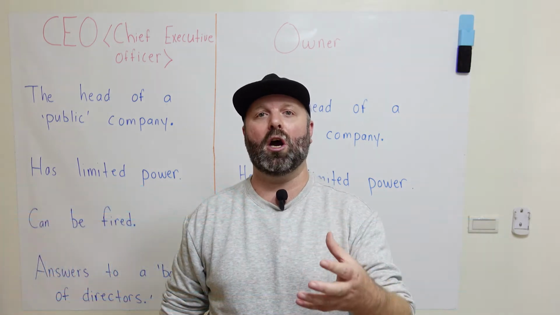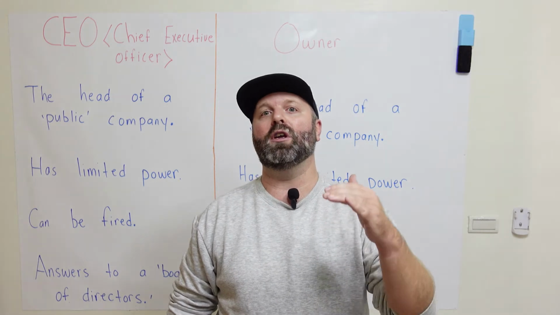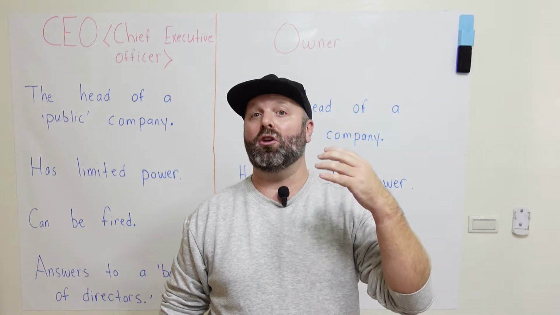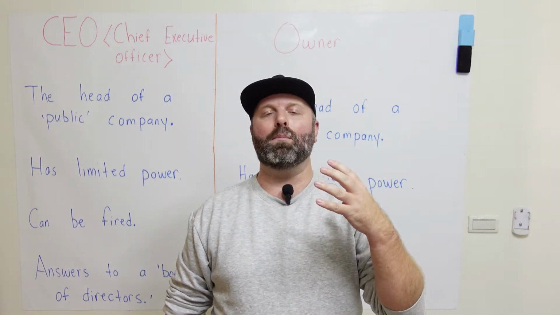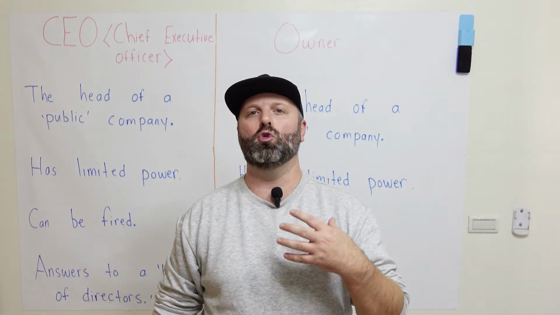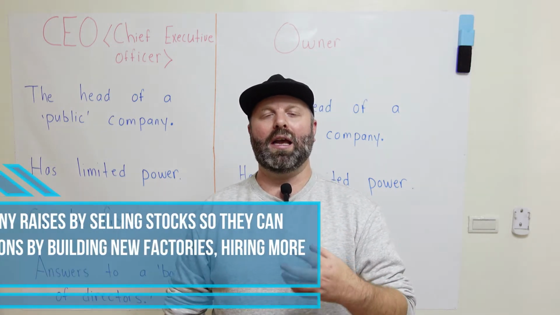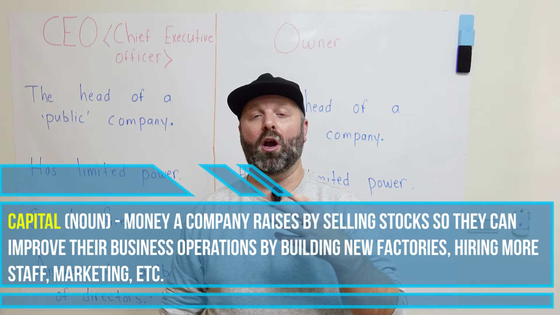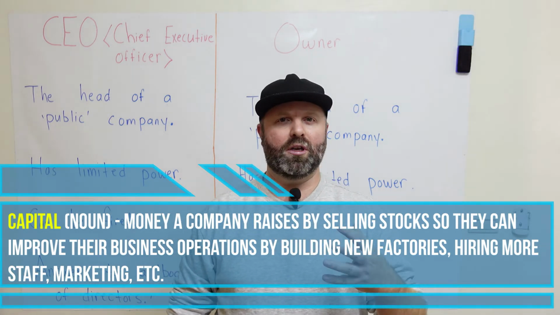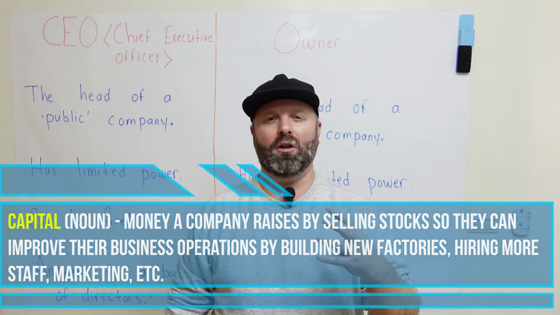You can buy stock in a company, and hopefully in the future it increases in value and you make money. So a public company is one that sells stocks to raise capital. Capital is money that the company uses to build new factories, hire new employees, do marketing, lots of things like that, okay?